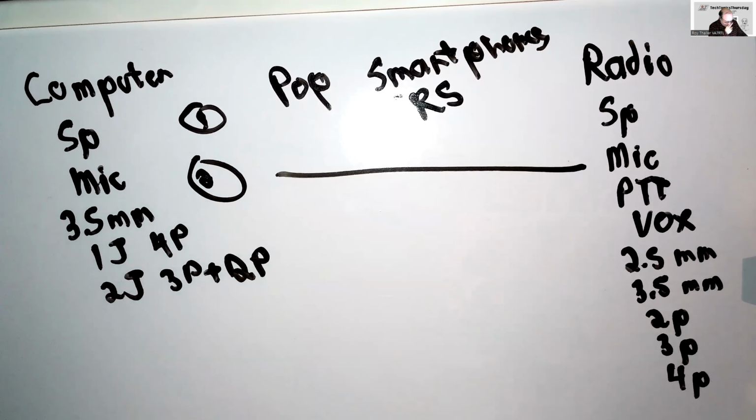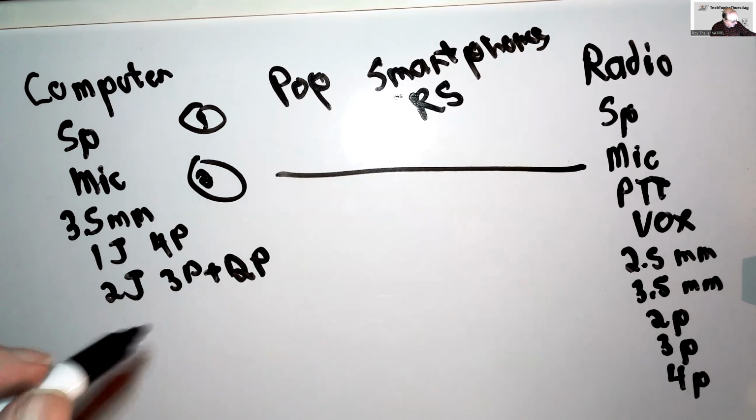Now, once you figure out how all these things work, you can connect them together by cable. But then people have found out that they've blown up their computer or their radio because these things operate at different levels.